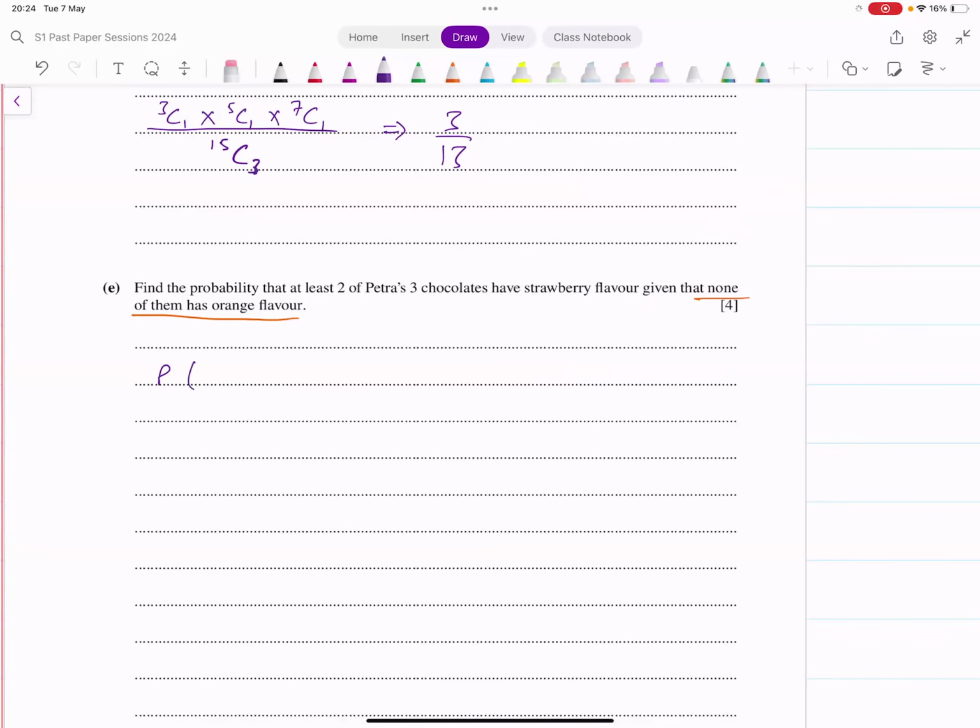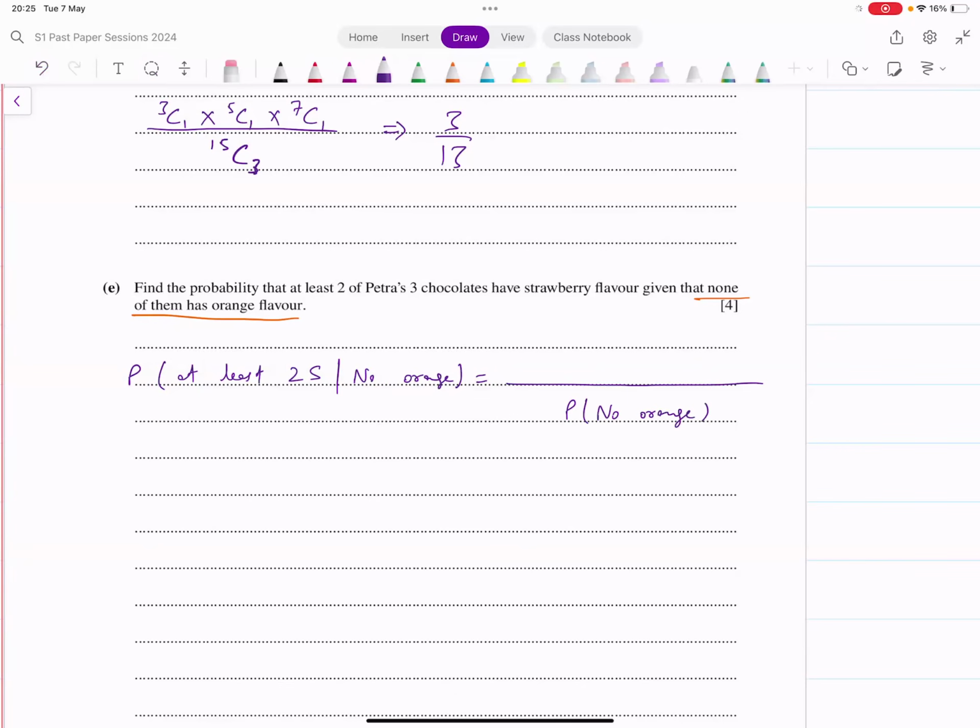Probability of at least 2 strawberry chocolates, given that there are no orange chocolates. Now, the case that is given should be in the denominator here.